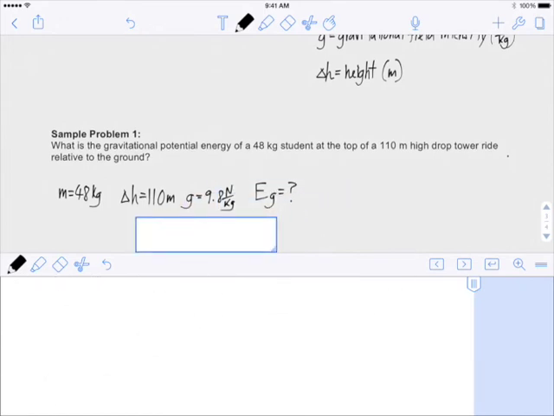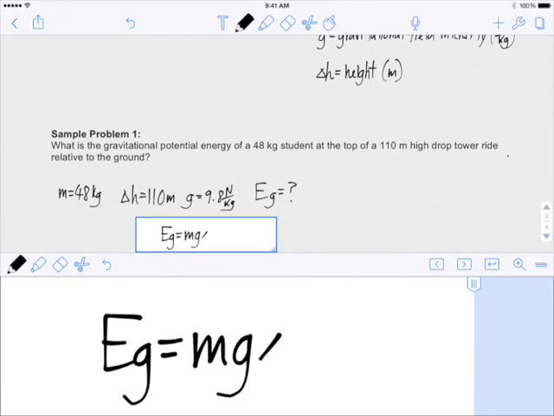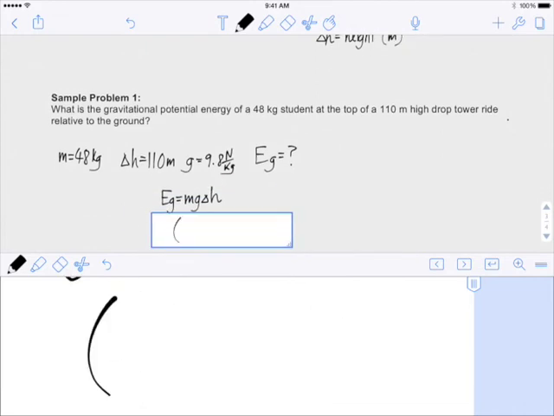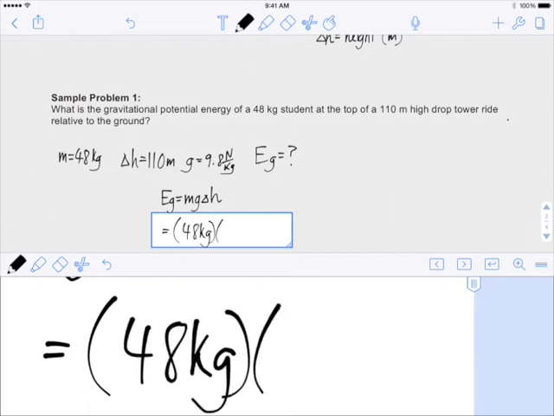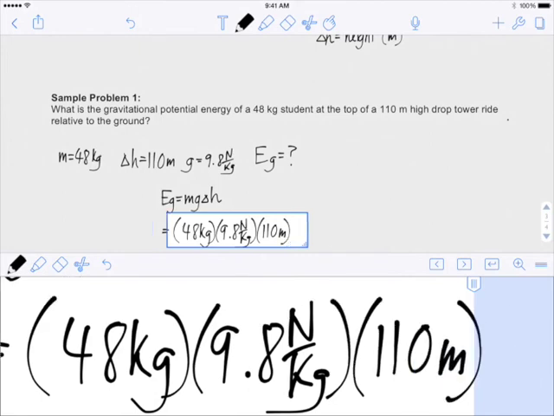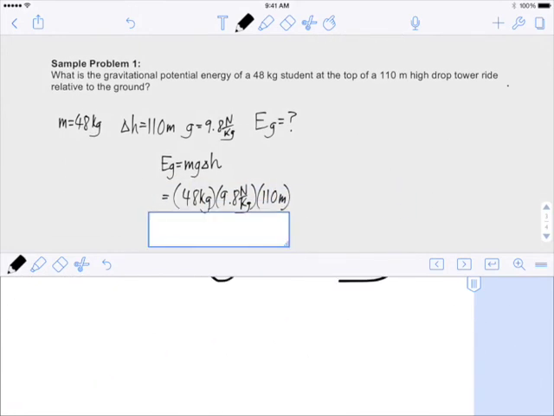We can use our newly defined equation, mg delta h, sub in these values, where m is 48 kilograms, g is 9.8 newtons per kilogram, and the vertical displacement is 110 meters. We punch these values in our calculator to 2 significant digits.